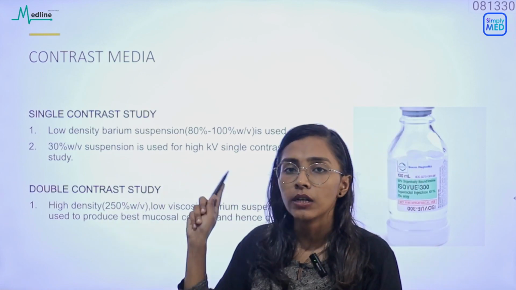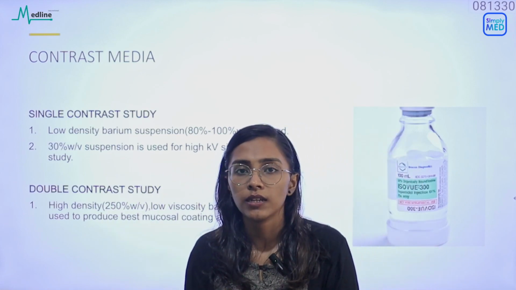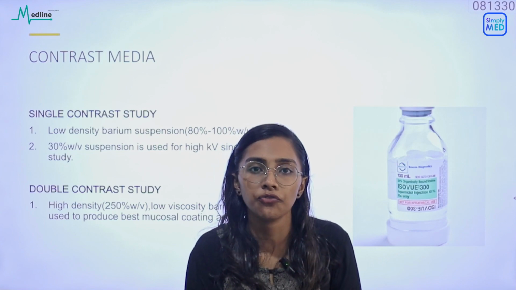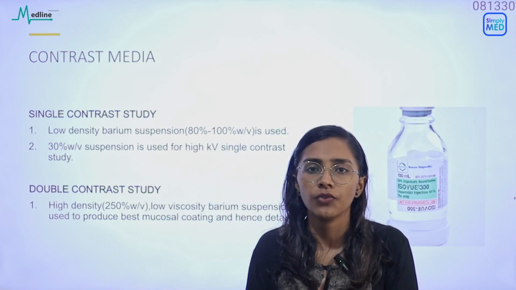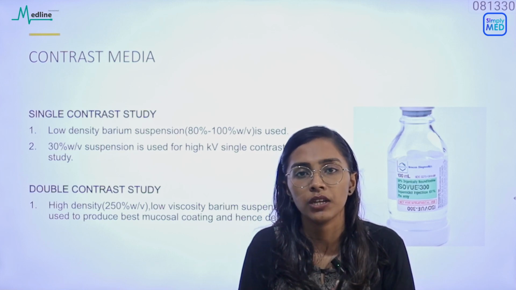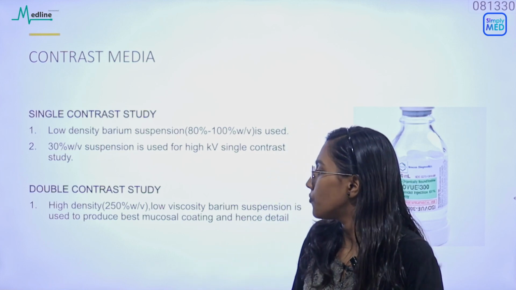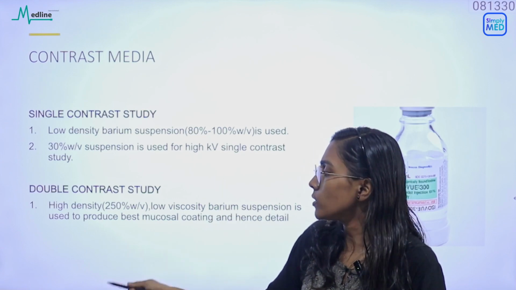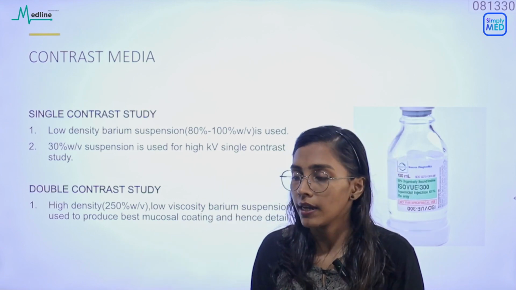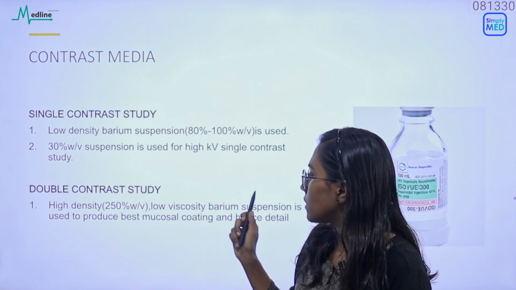In case of a double contrast study, we will need a high concentration of barium sulfate solution. Around 200 to 250% weight by volume barium sulfate solution, a low viscosity barium suspension, is required to produce the best mucosal coating and hence detail.